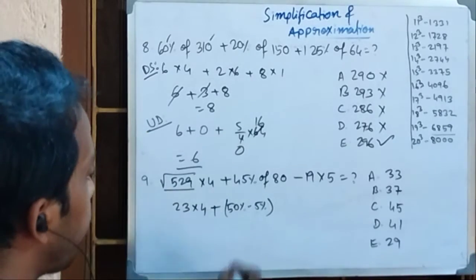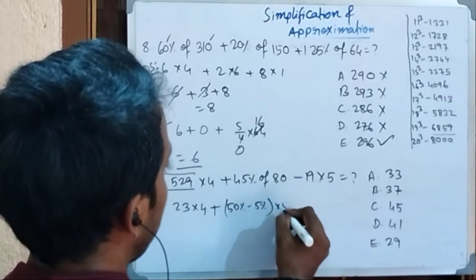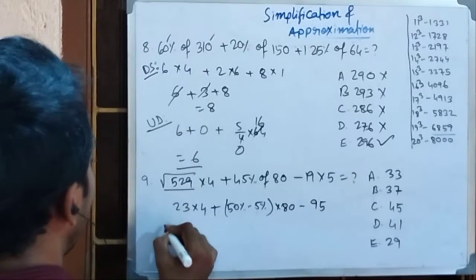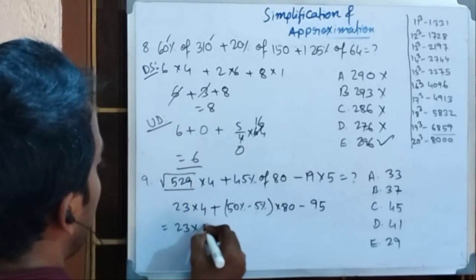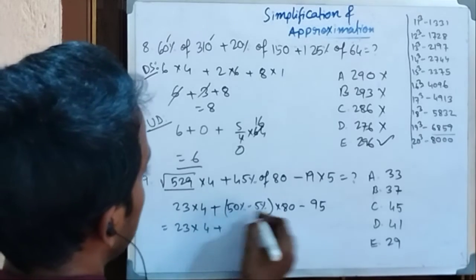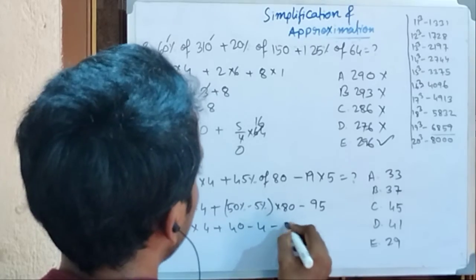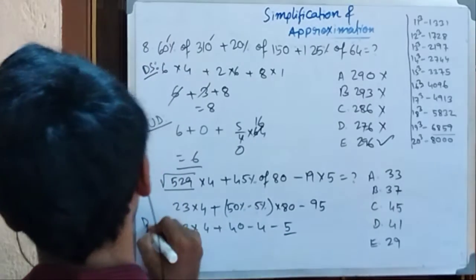So 50% minus 5%, I am just writing it for your purpose, nothing else. 5 into 19 is 95, right? So now 23, I am not going into much calculation here, just 50% is 40, minus 5% is 4, minus 95 is 5. So I am using digit sum here, right?